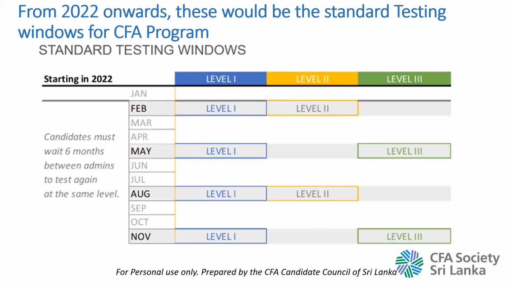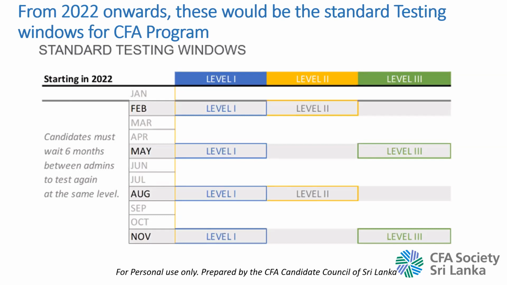So an important point to note with regard to this is that you cannot register for adjacent exams. What that means is that you need to have at least a 6-month gap between doing the exams. And this doesn't matter whether you have succeeded in the exam or not.